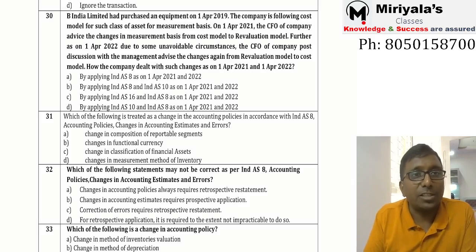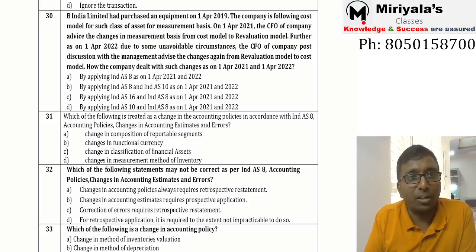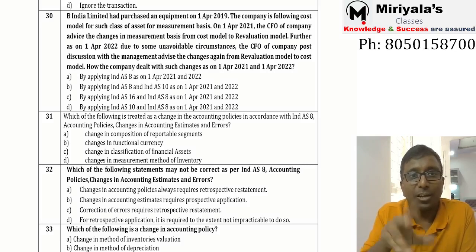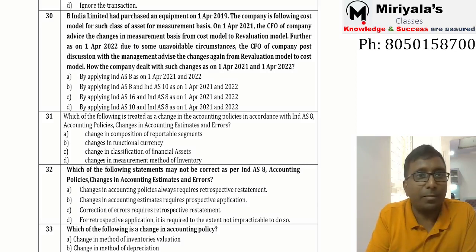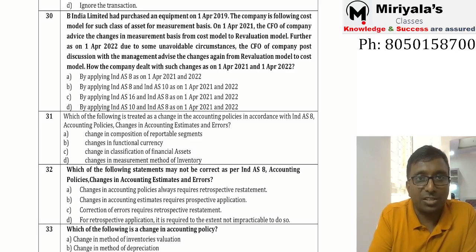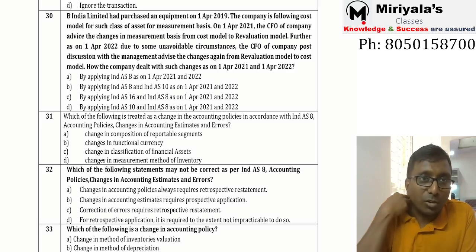Further, on 1st April 2022, due to some unavoidable circumstances, the CFO, post discussion with the management, advised a change again from the revaluation model to the cost model. That is, after 1 year he went back. How did the company deal with such changes on 1st April 2021 and 1st April 2022?